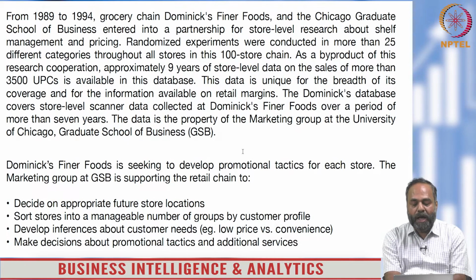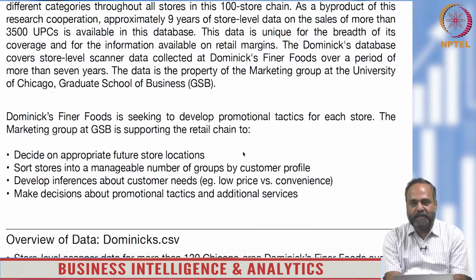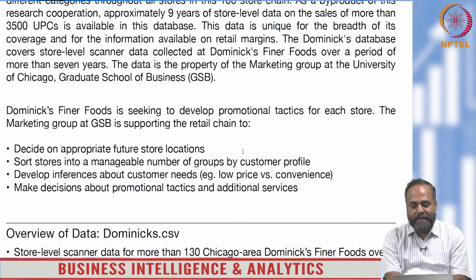There are different categories of sales that happen through grocery stores, and the stores are located in different parts of the country. It is not in one city or one region, it's in different parts of the country. So you can see the business problem objectives given to the team are 4.